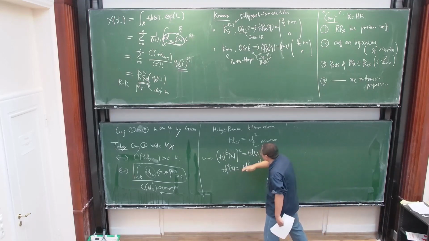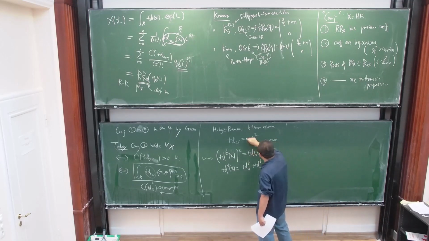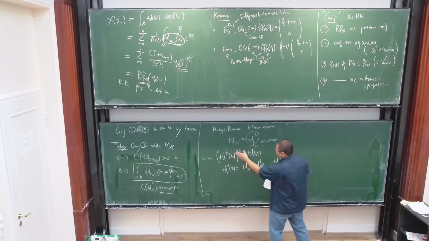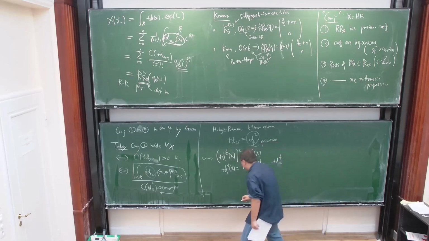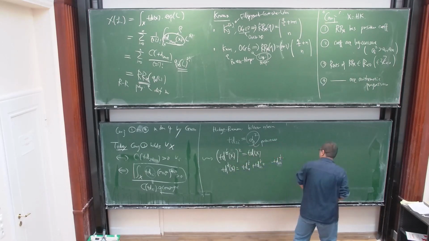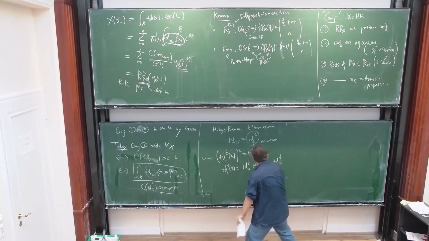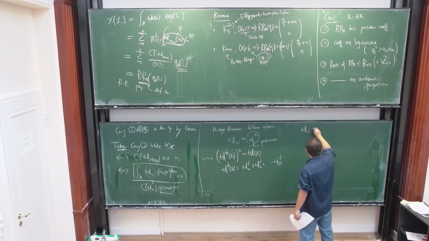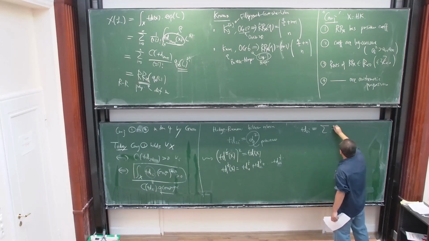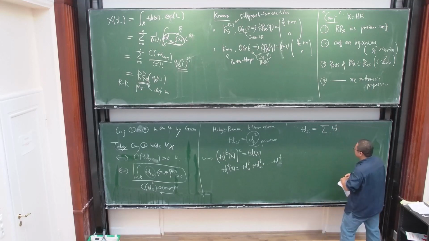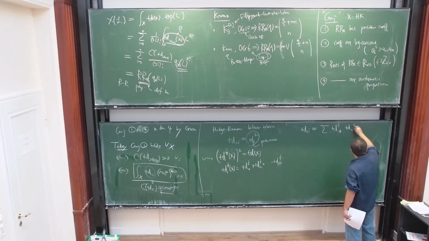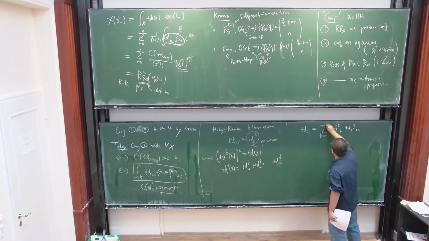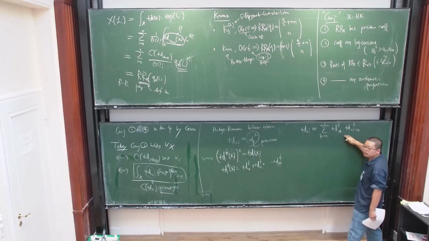But if you write this, of course this is not the square of Todd root. But we have immediately that Todd of 2i equals the sum of Todd root of 2k times Todd root of 2i minus 2k, for k from 0 to i.